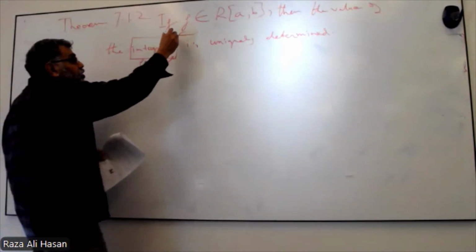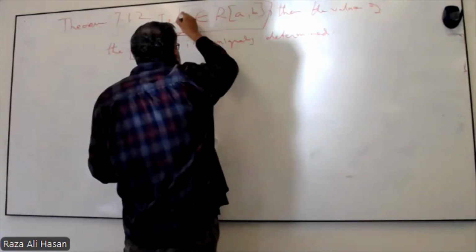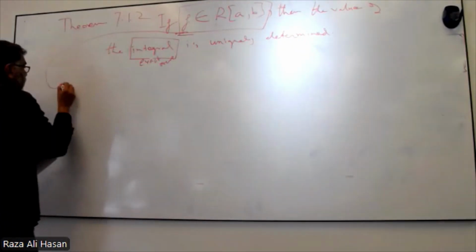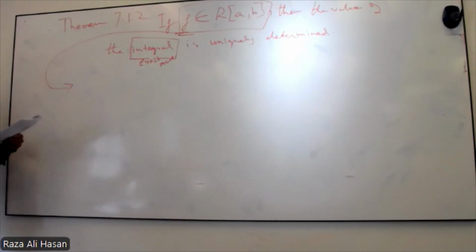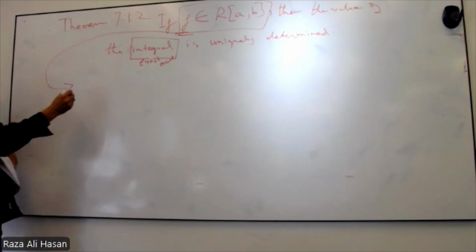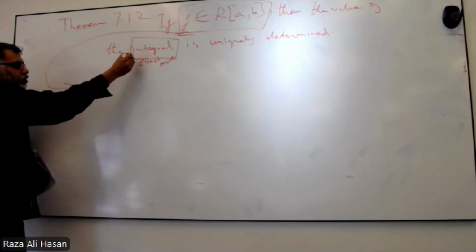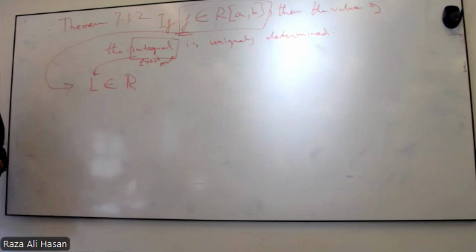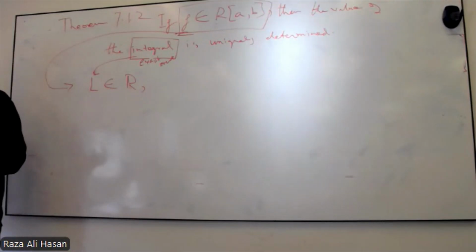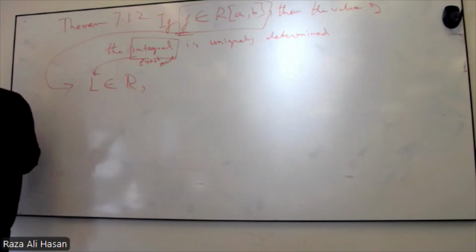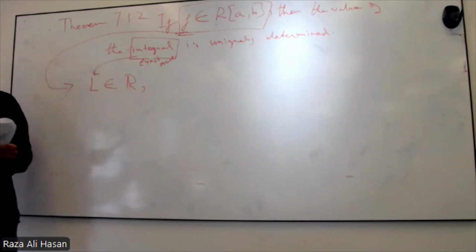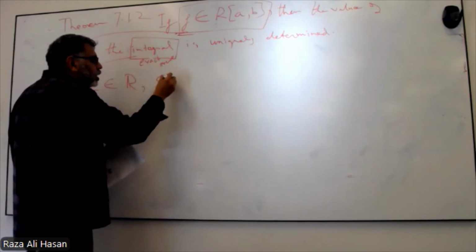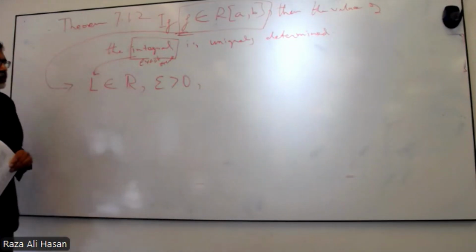Okay, so we have a situation like this. If this is true, let's expand this. What do we need for this? We have the integral. L belongs to R. It's a real number. Areas are numbers. That's all. What else do we need here? We need a delta and an epsilon. So we will have an epsilon, which is a positive number. This will be given.